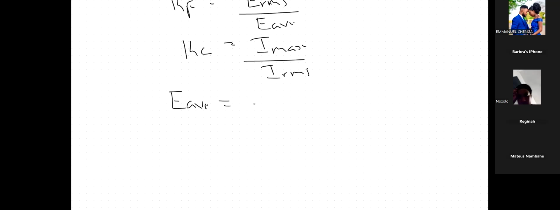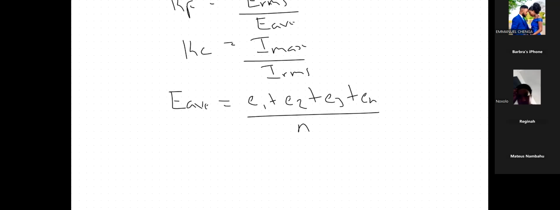E1 plus E2 plus E3 plus En. So we can also use this formula if they gave you what we call the mid-ordinate rule, whereby you are given a number of voltages. So let's say you're given E1, E2, you just add all the voltages and then divide by the total number that you'll be having.